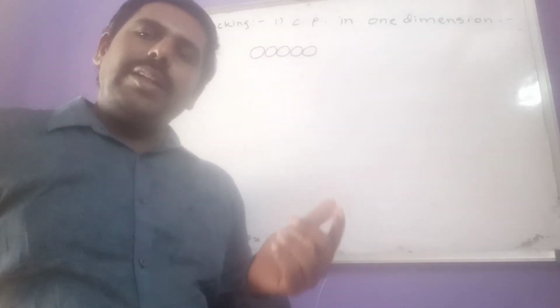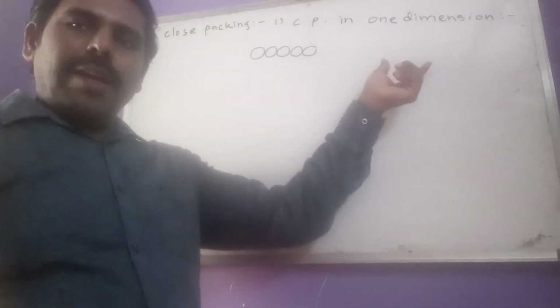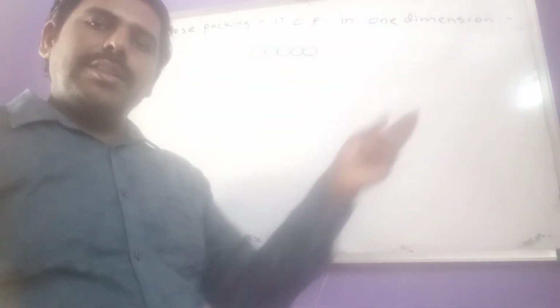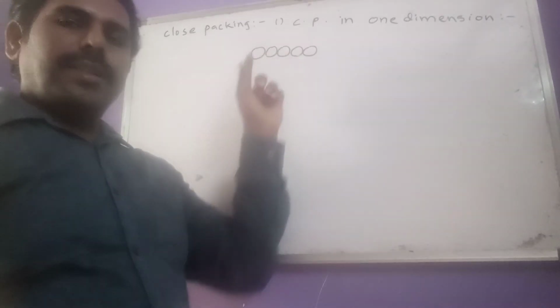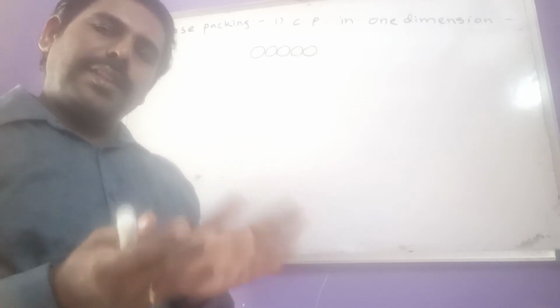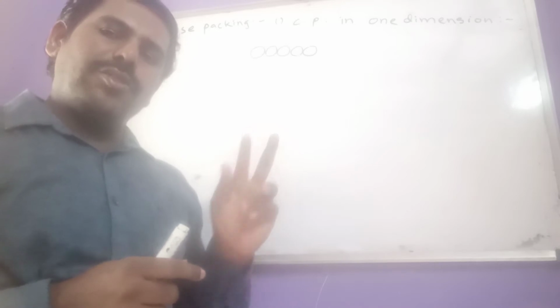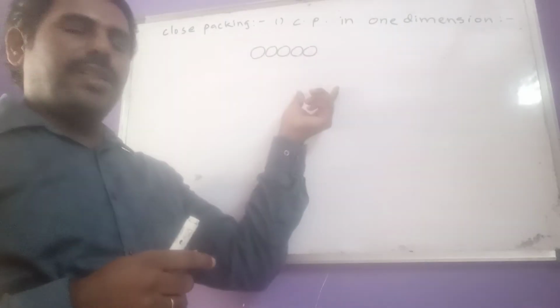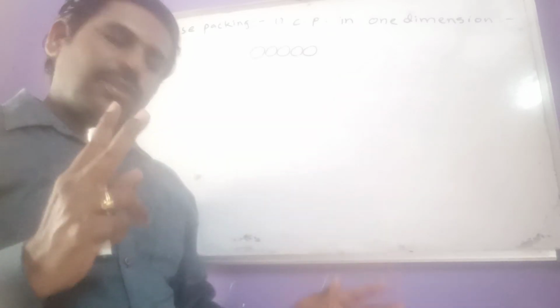So the coordination number in one dimension close packing is 2, because each sphere is closely packed with 2 other spheres.